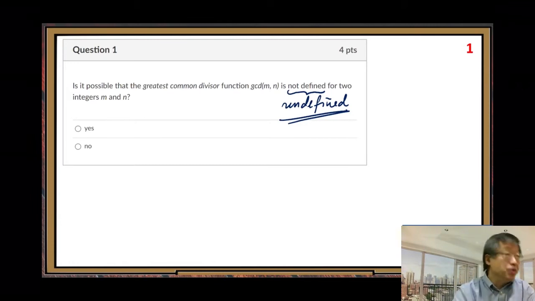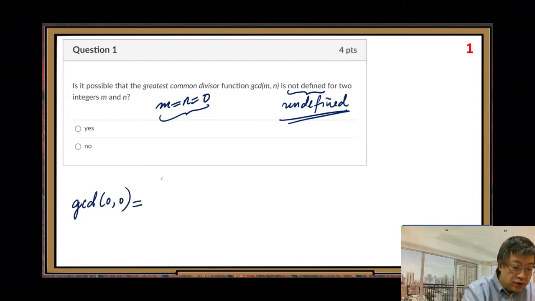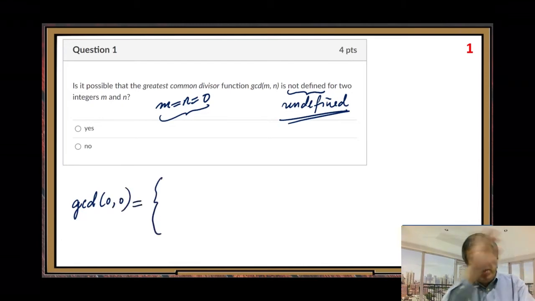Here we consider a special case, GCD of 0 and 0. Many of you can guess this special case. So now let's consider what possible values GCD of 0 and 0 could equal. I will explain one by one.